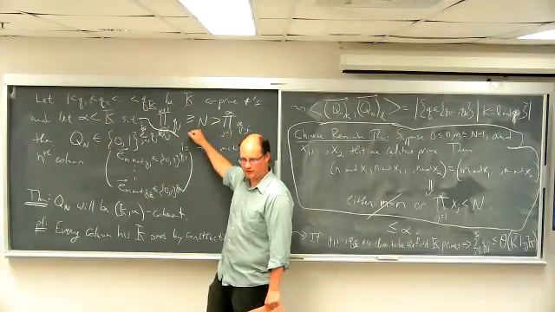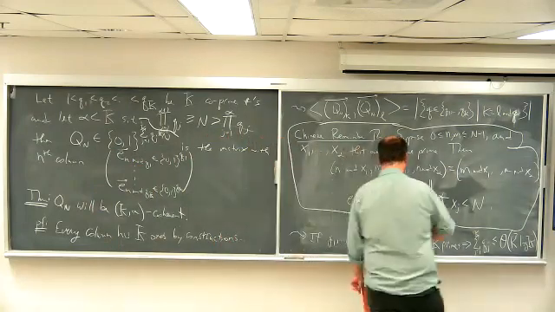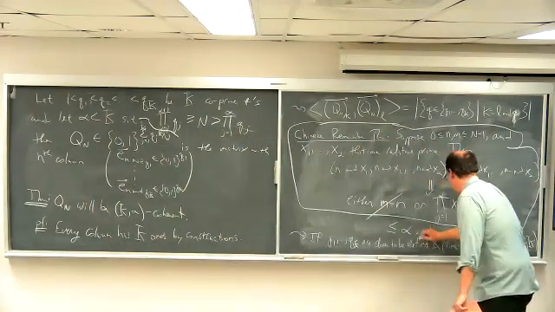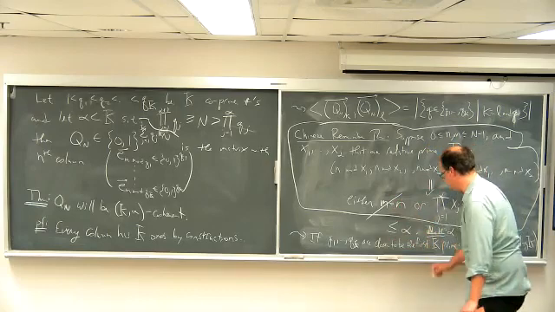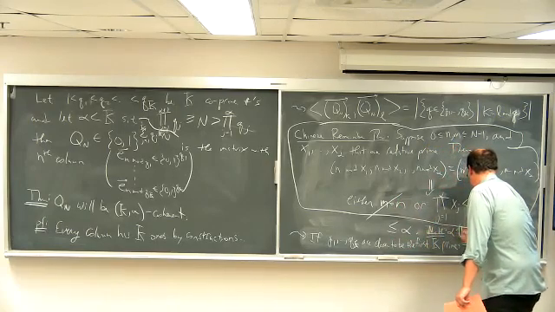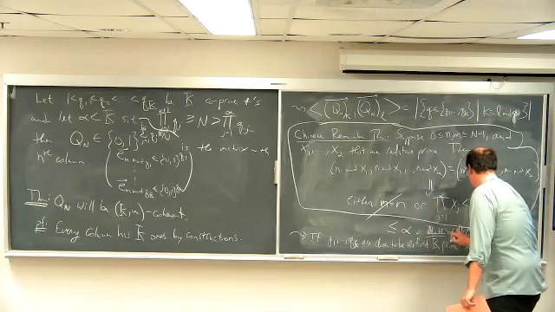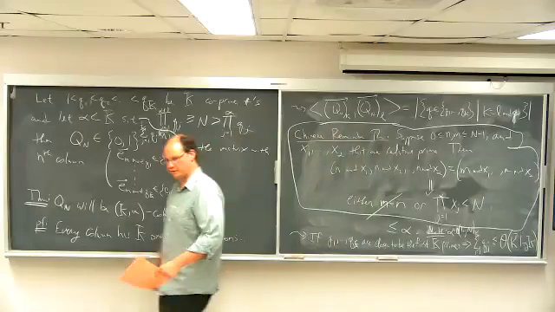So alpha can be chosen to be log n size. And in fact, you can make that a little bit better as well. If you want to play with your log factors, you can improve that. So alpha is going to be log n in size.